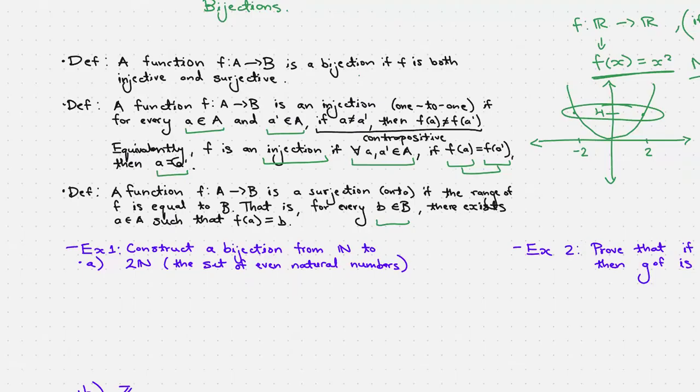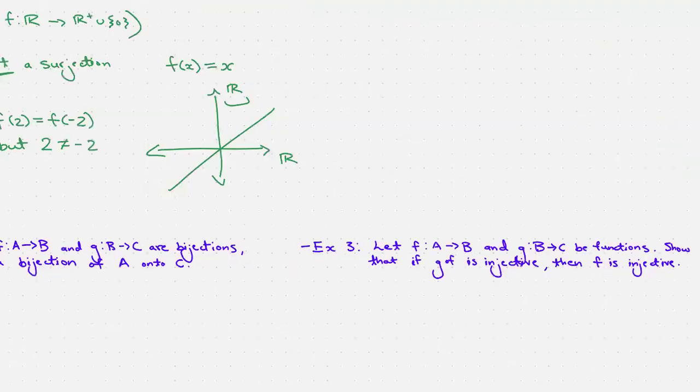We can show this pretty easily with f of x equals x, because if we just choose, this isn't rigorous, but if my element in R, if I just chose a in R, let me get green.